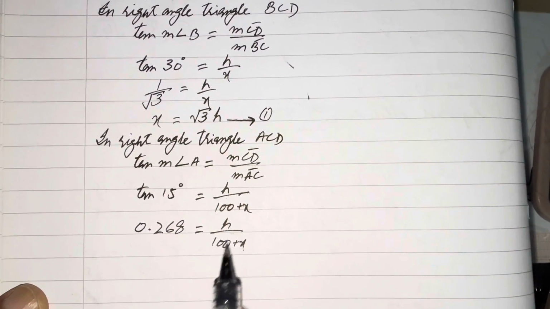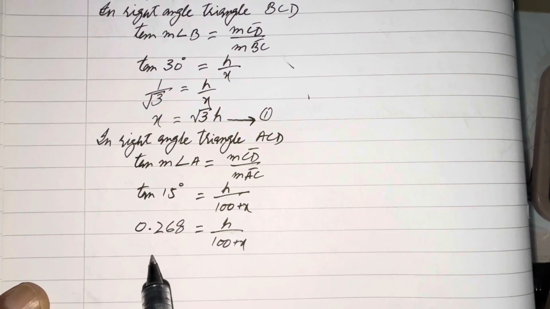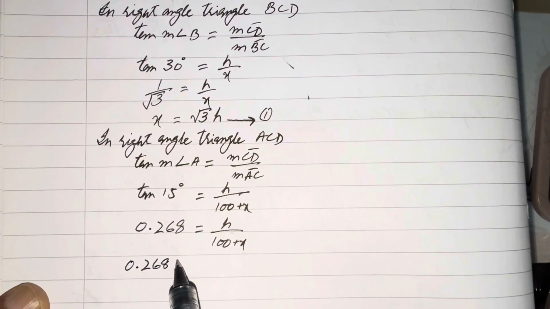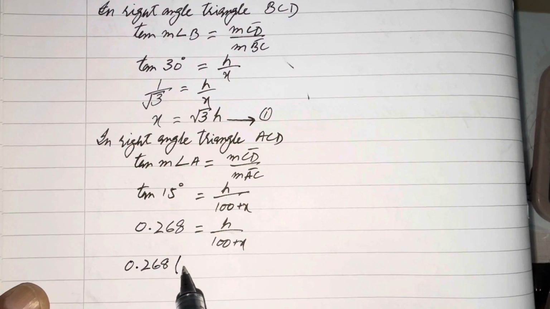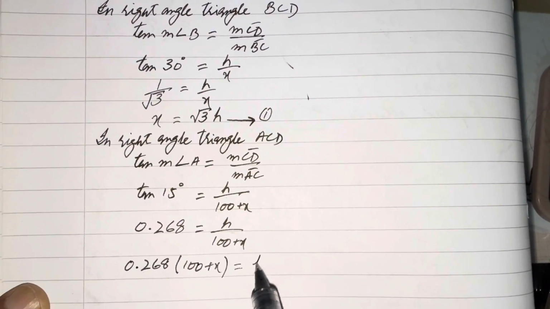Now simplify this equation by taking the denominator to the other side, so that can be written as 0.268 multiplied by (100 plus x) is equal to h.